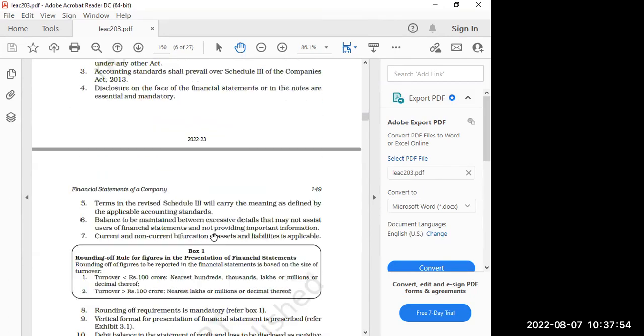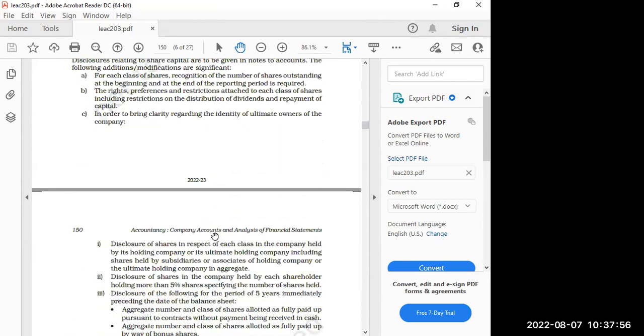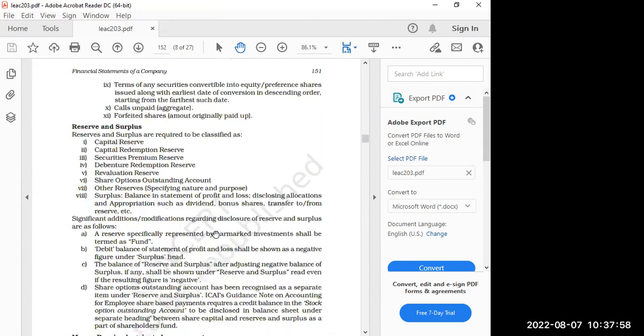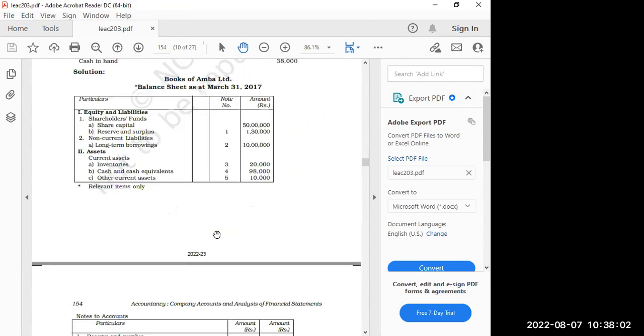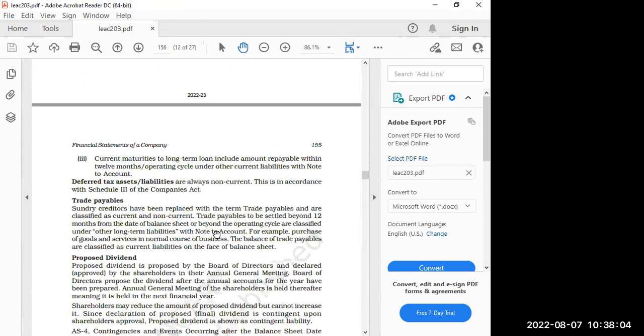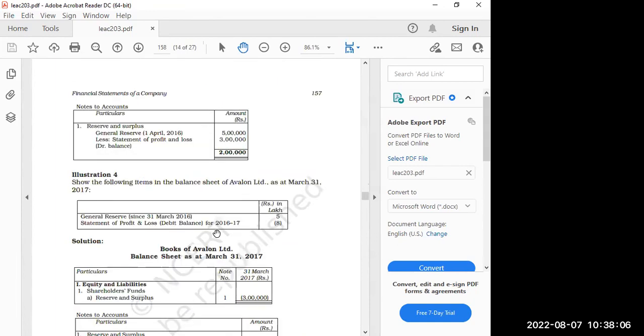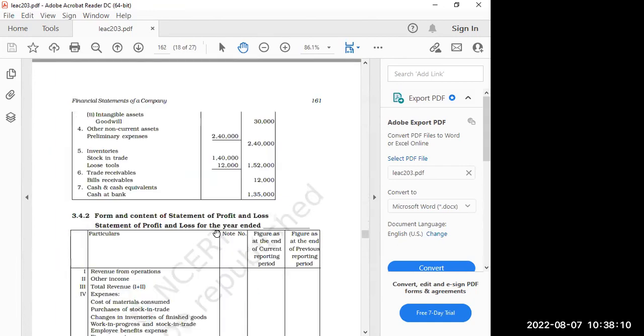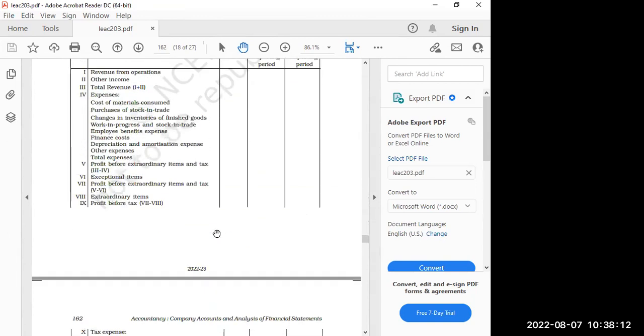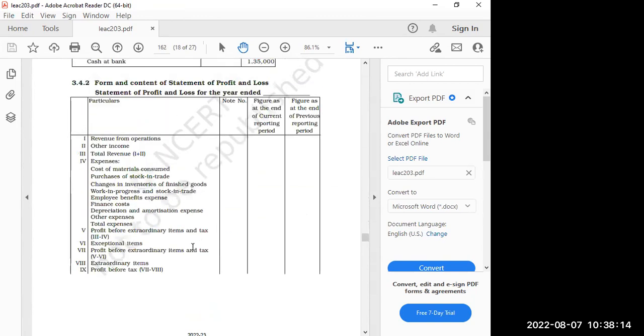The same kind of format, but you have income and expenditure. So this is the format.